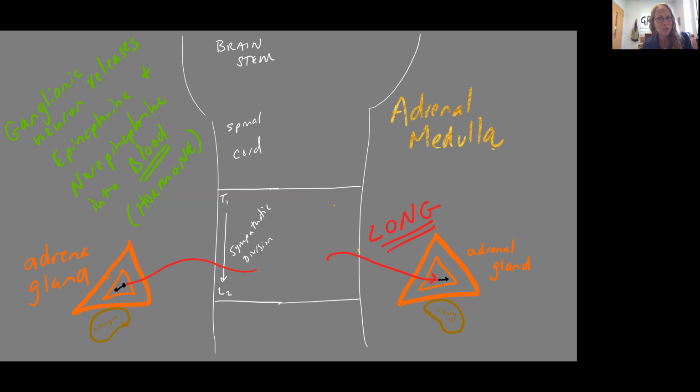So it is now acting like a hormone. Hormones are chemical messengers that are transported through the bloodstream and have more of a longer lasting widespread effect. Okay, now the neurotransmitters or chemicals that are released here are epinephrine and norepinephrine.